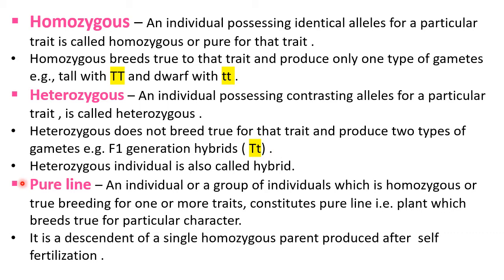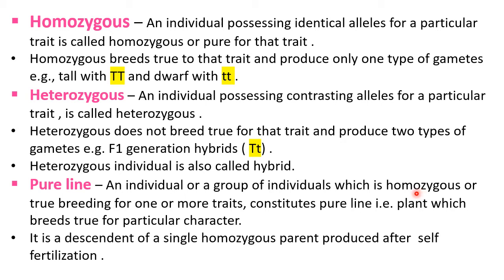Then the next term is pure line. Pure line means an individual or group of organisms which is homozygous. We have already studied that a homozygous individual has similar types of genes.